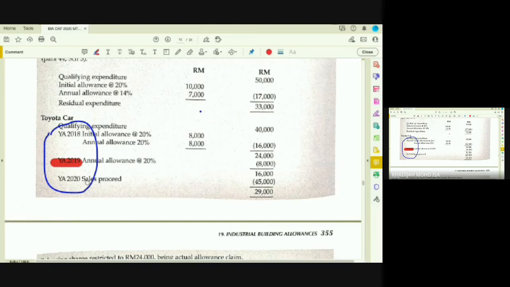So this one is also wrong. The sales proceed cannot be used. How do you calculate 45,000? Oh, you can indeed sell at 45,000. But again, it's wrong, because in this case, disposal within 2 years, we are going to start in YA 2019, 2020 disposal, then claim clawback.